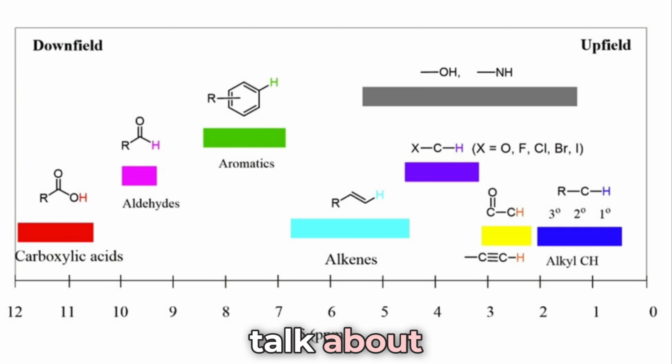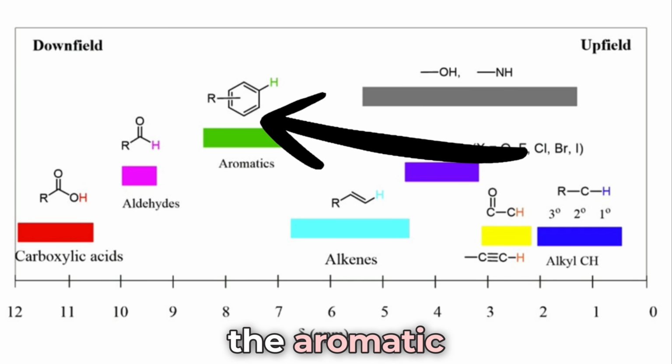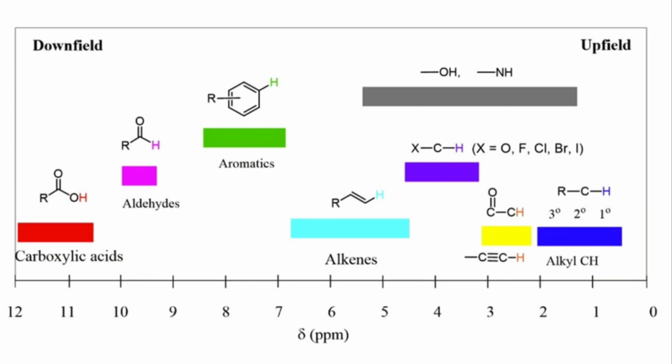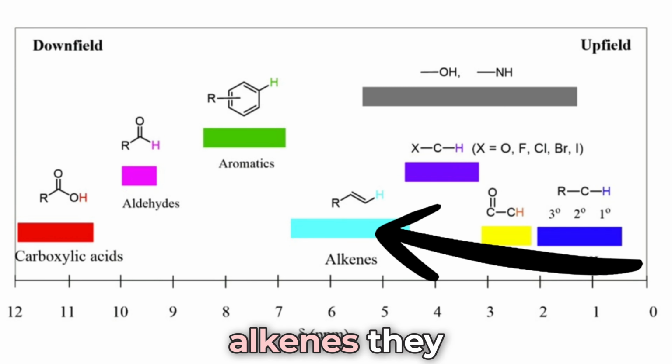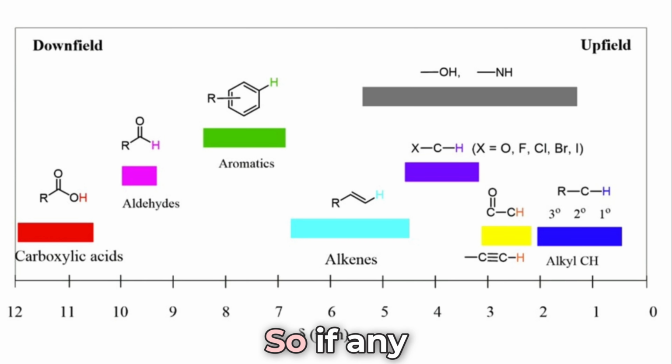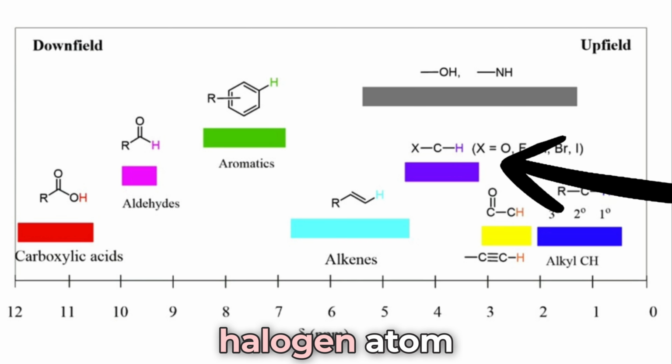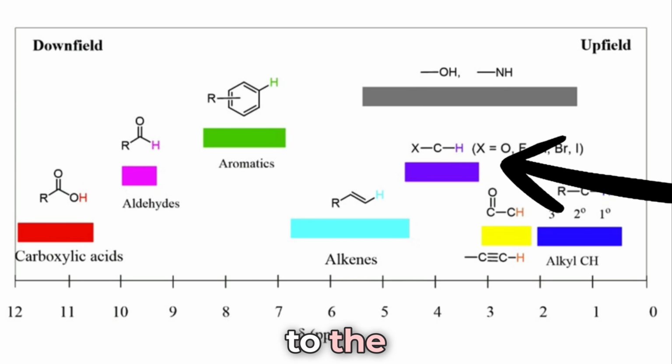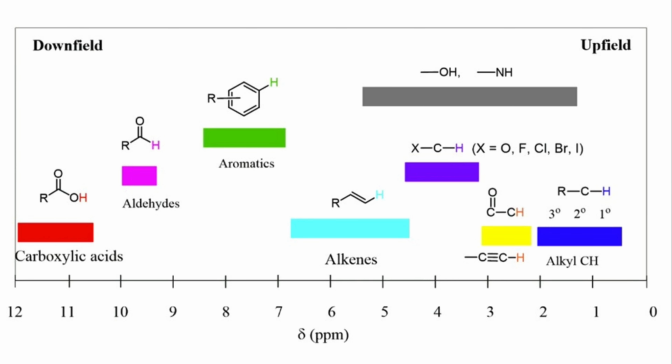Also, the aromatic generally comes between 6.5 to 8, while alkenes generally appear between 4 to 6. If any halogen atom is attached to the carbon having hydrogen, sometimes this alkyl group will shift downfield from 0 to 1 towards 3 to 4.